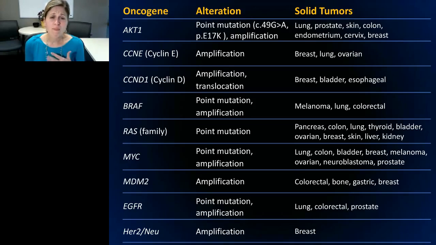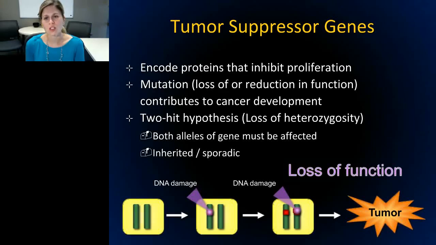There are many different point mutations for what I have listed here. Some are more well-known than others, but there are so many it would be exhaustive to list them all. You'll notice there are multiple different tumors that some of these oncogenes can be associated with. It depends on the source of the alteration and where that cell first exists, for which solid tumors we actually see those in.